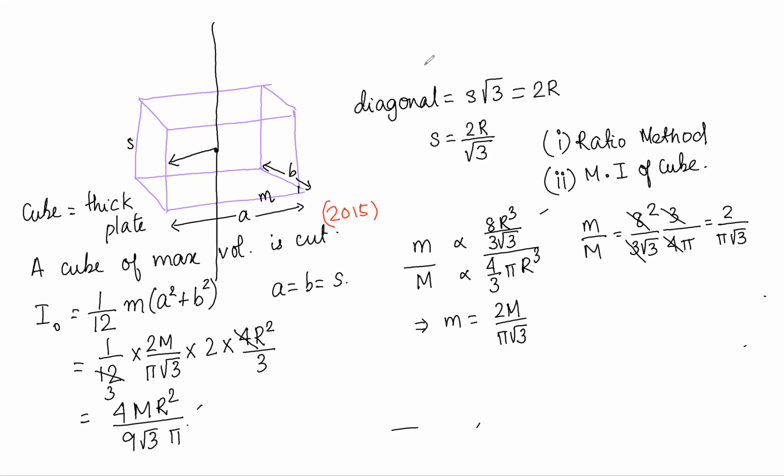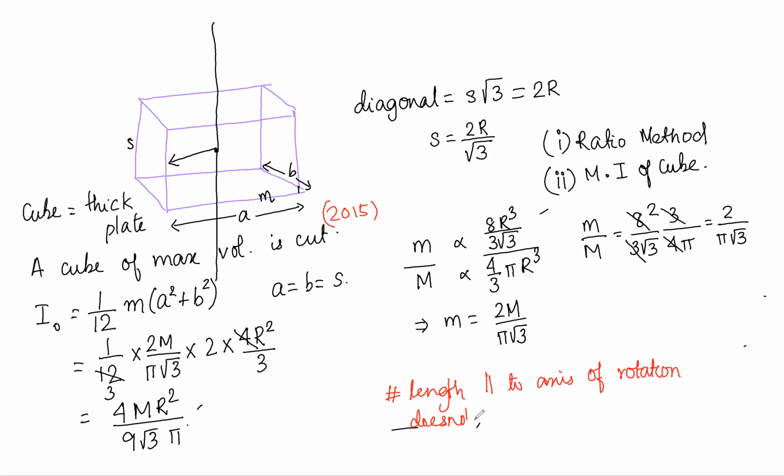And then from that, we calculated the moment of inertia with the important concept that the thickness of an object, or the length of an object parallel to the axis of rotation, doesn't matter. That is what is important in this problem.